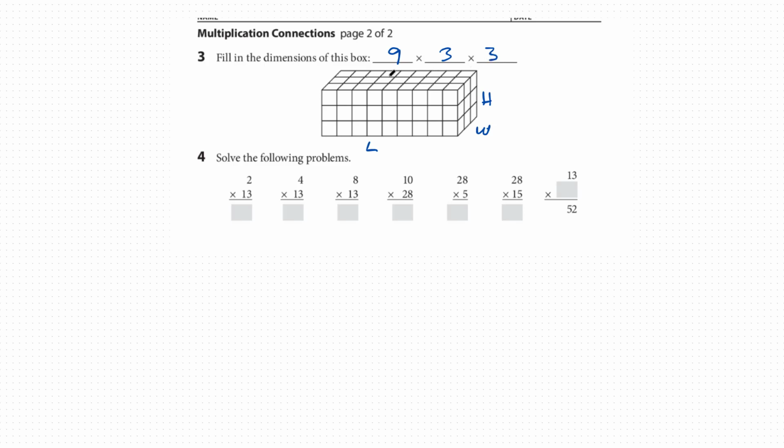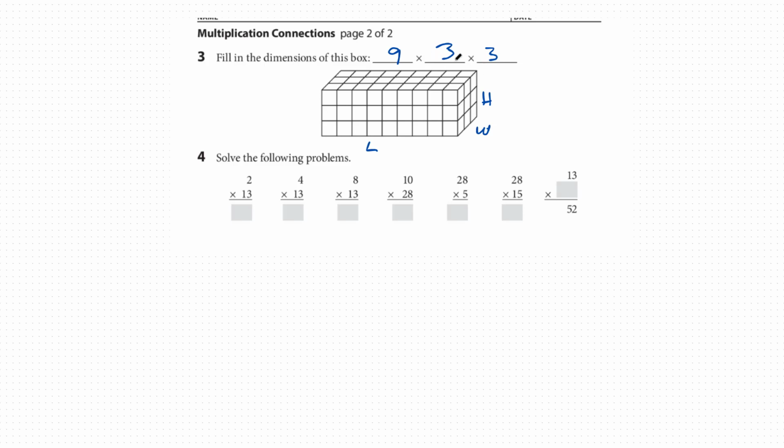Now in our math book, you'll frequently see them put the base in parentheses, indicating that you have to do that operation first. But the commutative property of multiplication says it doesn't matter. If you're multiplying a bunch of numbers together, you can go in any order you'd like. So you could say 9 times 3 times 3, or 3 times 9 times 3, you'll get the same answer.